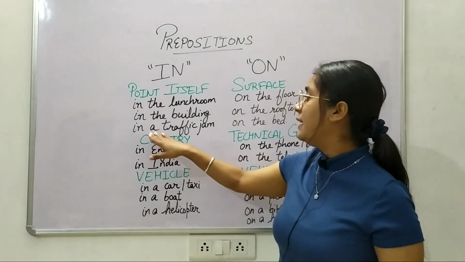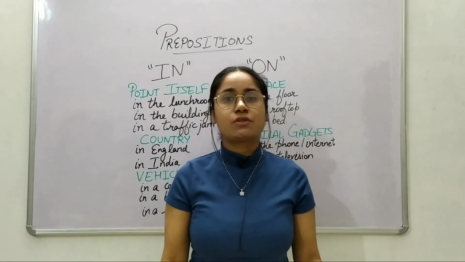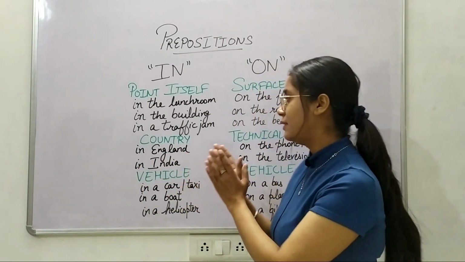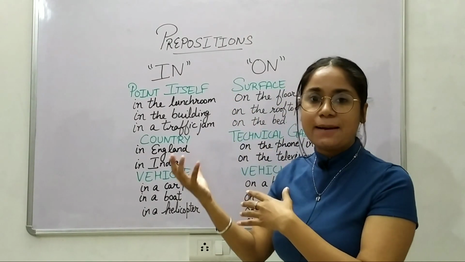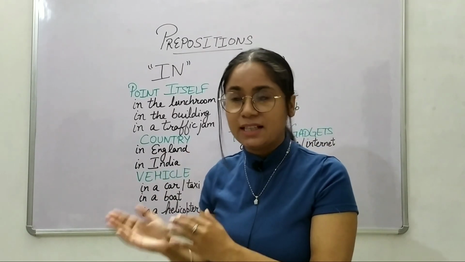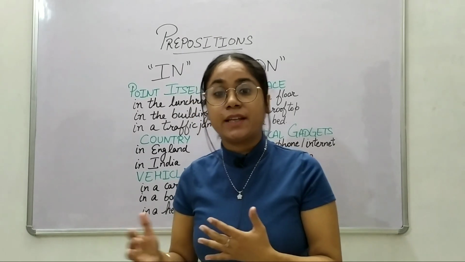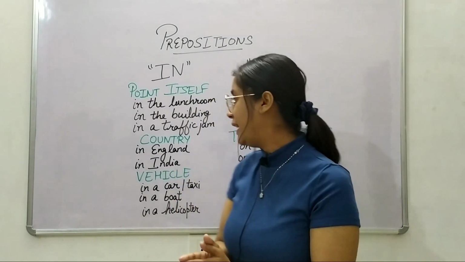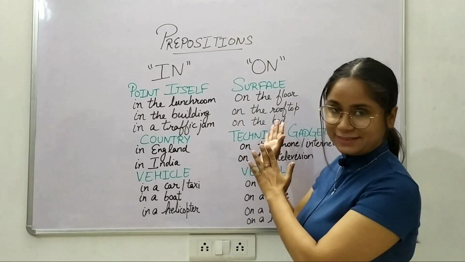In a traffic jam, I have been stuck in the traffic jam for 2 hours. So, it is clear that these examples are pointing to themselves. For instance, in the bank, in a hospital, in a school. Okay. Now, let us talk about on.